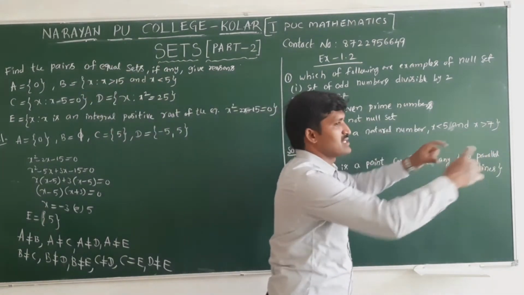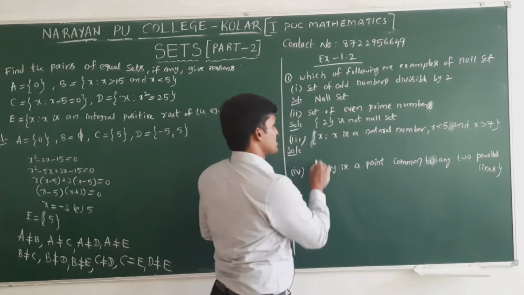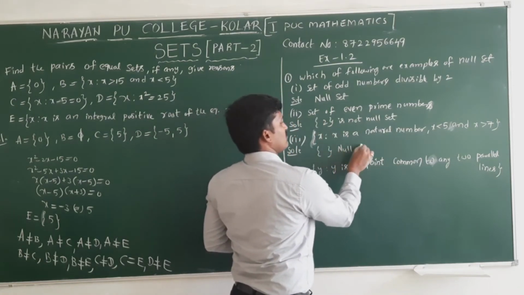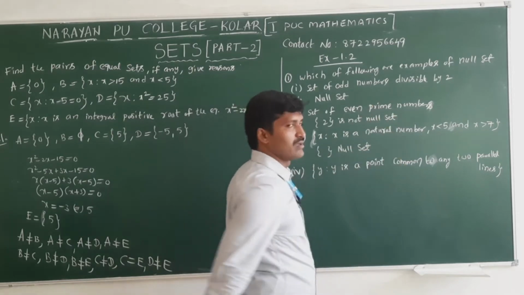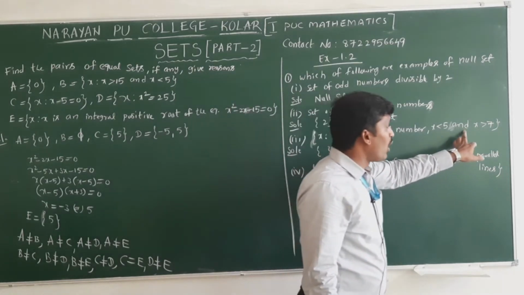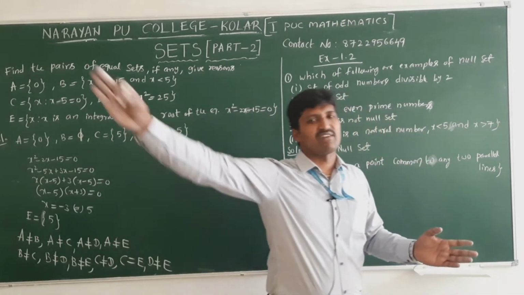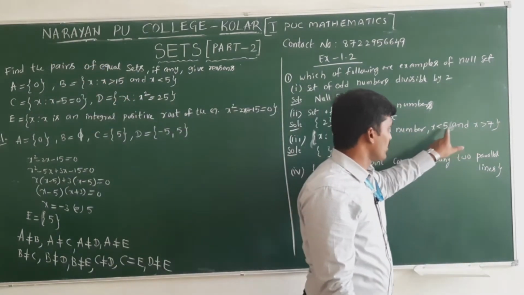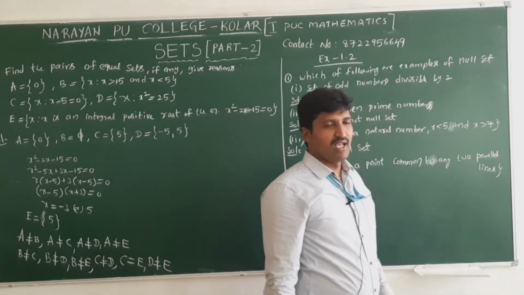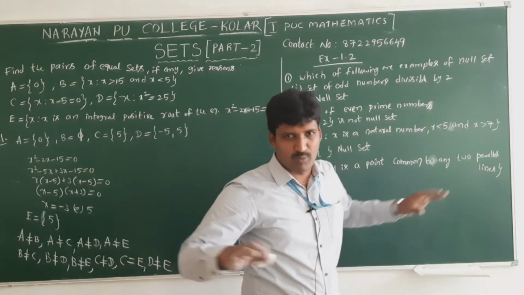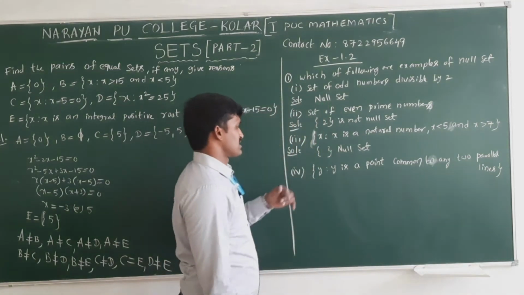It is not satisfied by anything, so this is clearly empty. Here 'and' is given, so we need to satisfy both conditions. Any element less than 5 and greater than 7 at a time is not possible. That's why it is a null set.